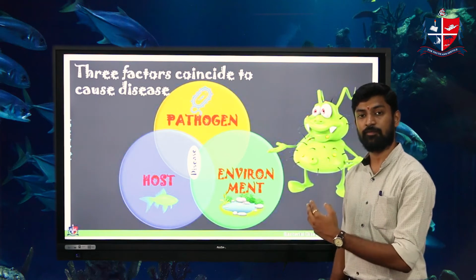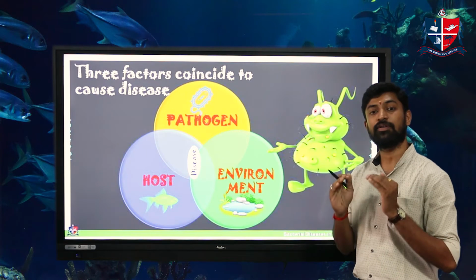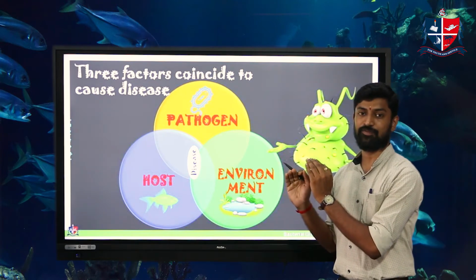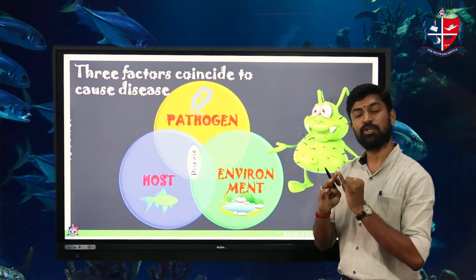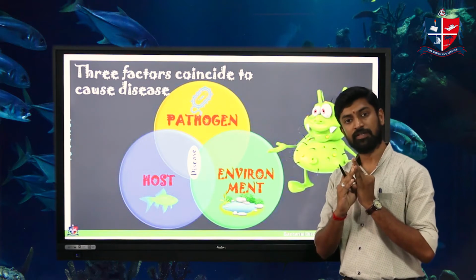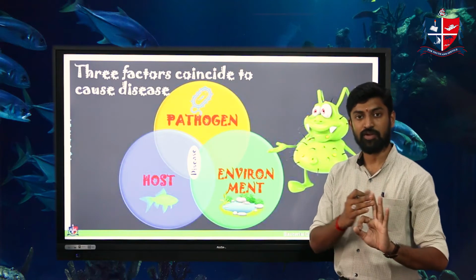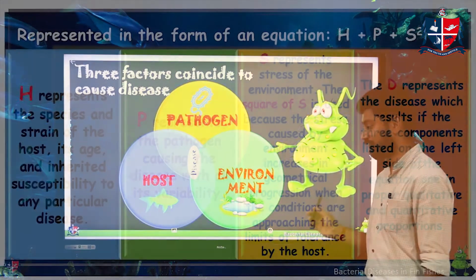These three are interrelated and going to form disease in aquatic organisms. The bad condition of the host or low immunity of the host, bad condition of the environment, and excess number of pathogens. These three factors are going to form disease in aquatic organisms.